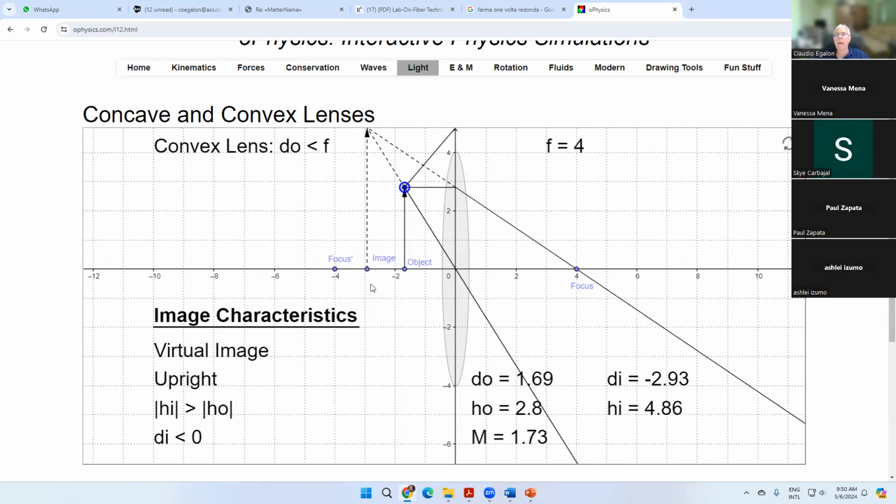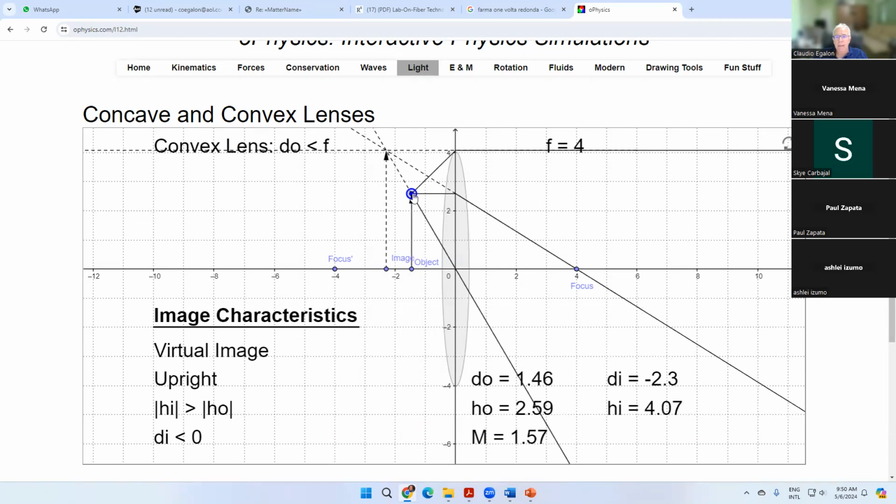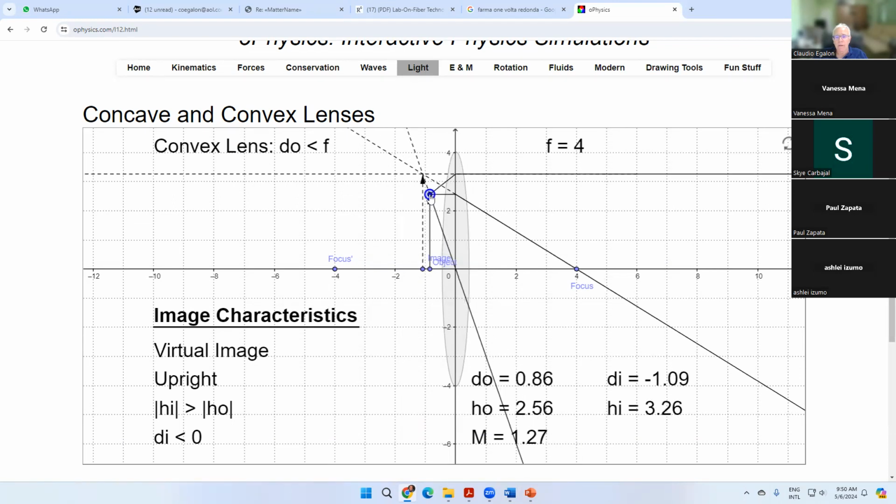We have this magnification effect, and that's how a magnifying glass works. That's for a positive lens. The closer you get to the lens, the closer the size of the image becomes to that of the object.